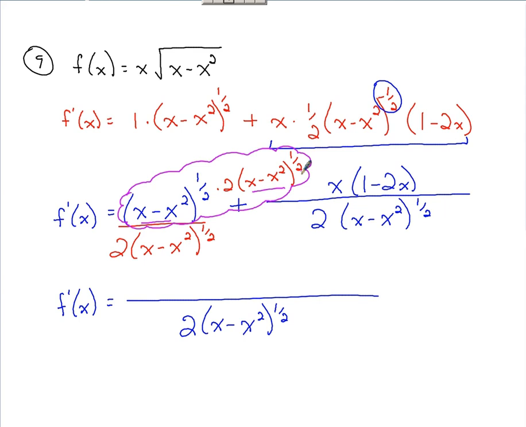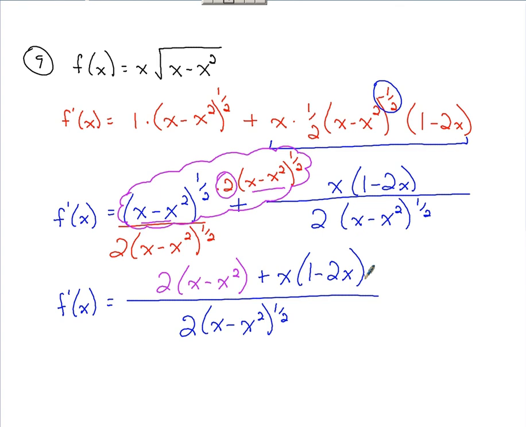If that's true, then you've got x minus x squared raised to the 1/2 plus 1/2. You got to add those exponents. So that'd just be a power 1. That's nice because that rational exponent goes away. In the meantime, you've got this 2 we can attach here to the front. We are adding on this x times 1 minus 2x because that's the numerator in the second fraction.